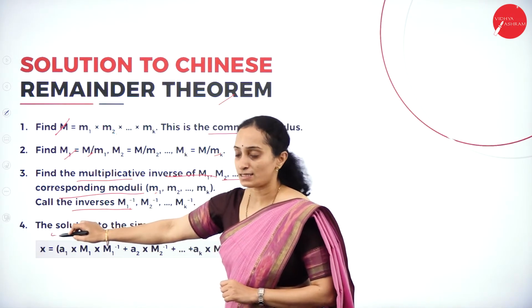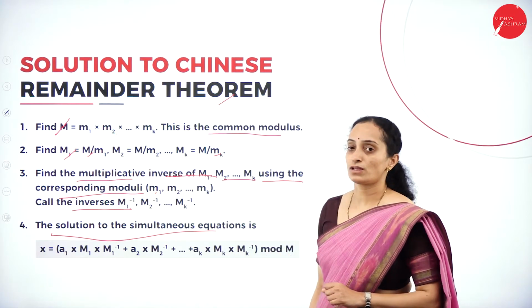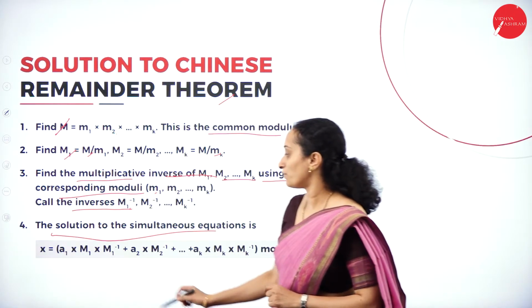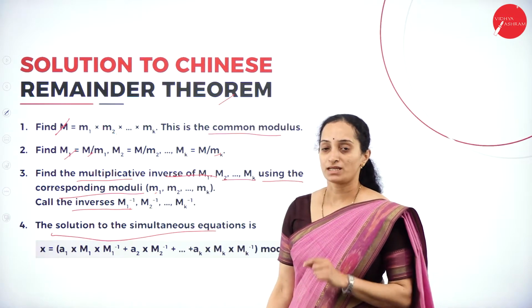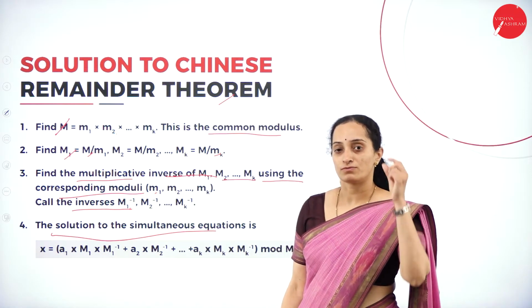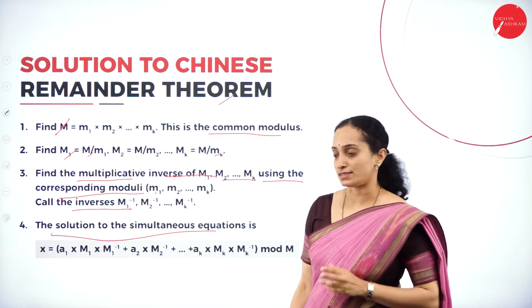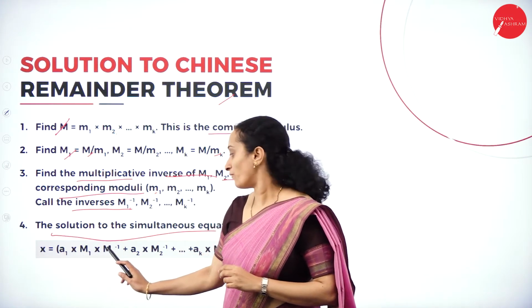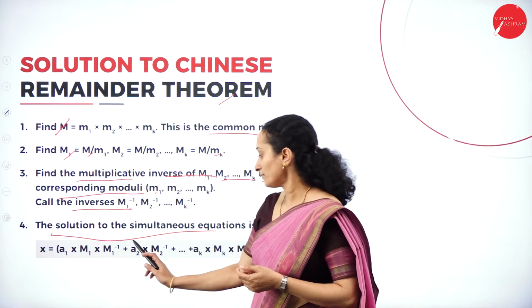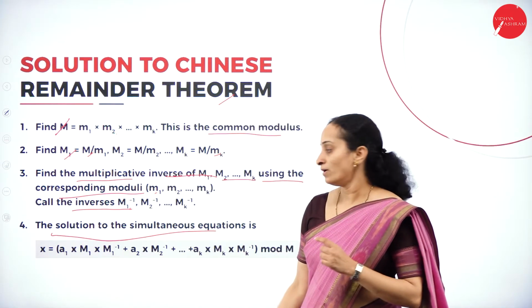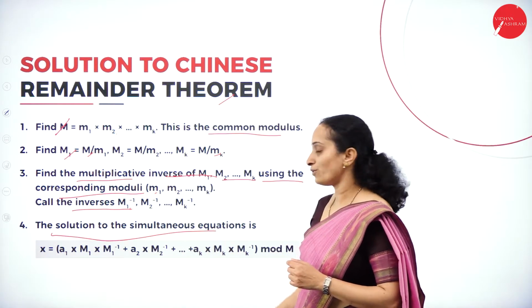Now, the last step is the solution to the simultaneous equations can be obtained by x equals a1, where a1 is the value that we use with the congruence. A1 into M1 into M1 inverse plus A2 into M2 into M2 inverse.